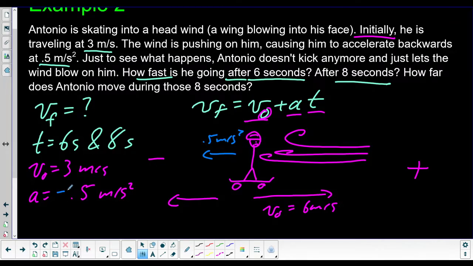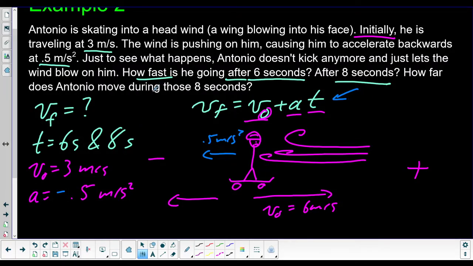So acceleration is negative because of the direction it's pointing. Like I said earlier, most of the time we indicate a vector, or rather its direction, by the sign of a number. So by putting this negative sign on this number, we have really vectorized our acceleration. This is super important, especially if we want to use equations.